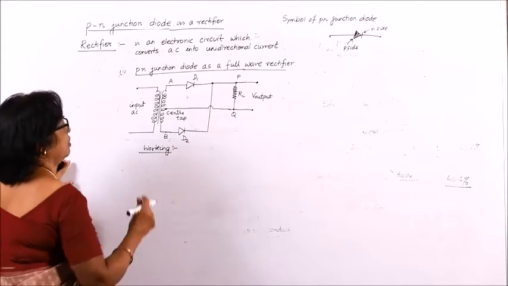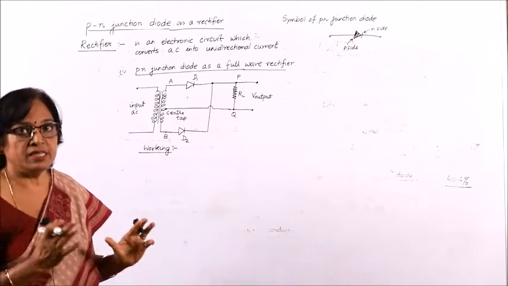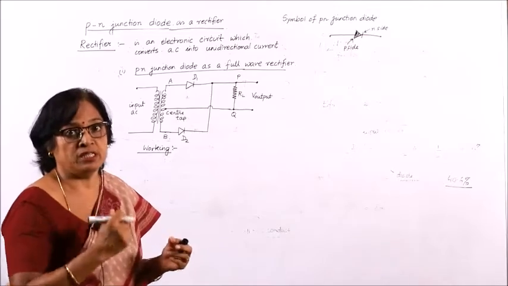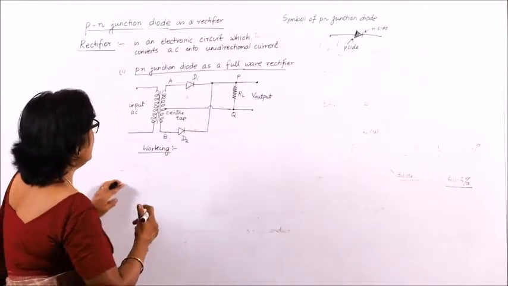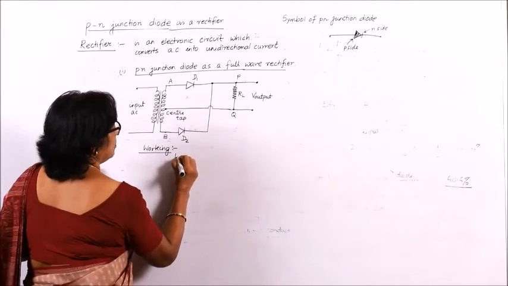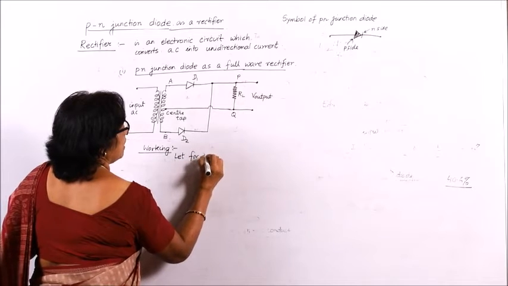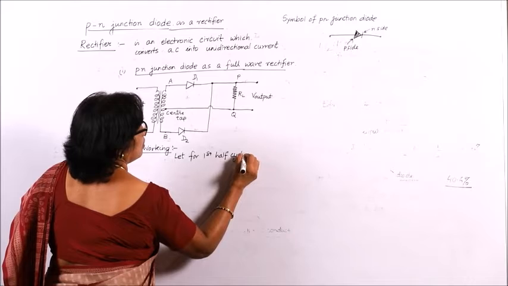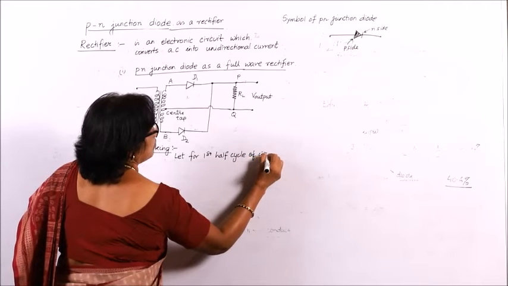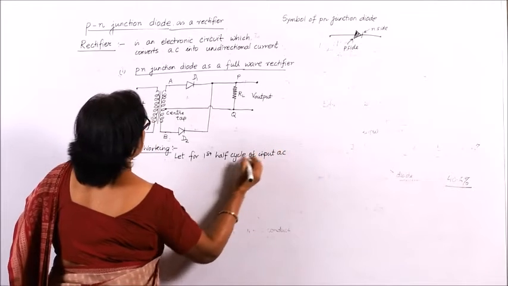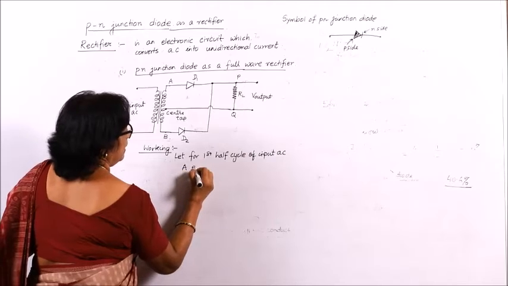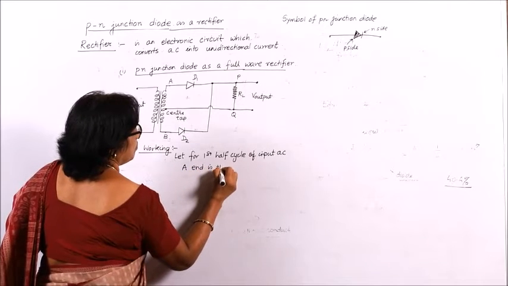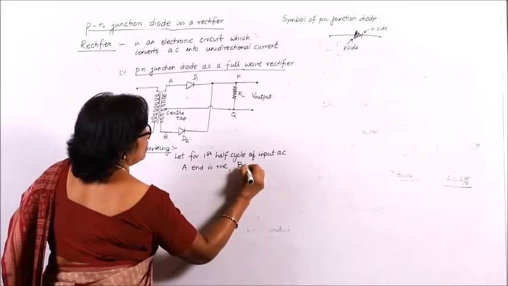The working principle is similar, now in this case we have two PN junction diodes. Let us say for the first half cycle of input AC, my A end is positive, B end is negative.